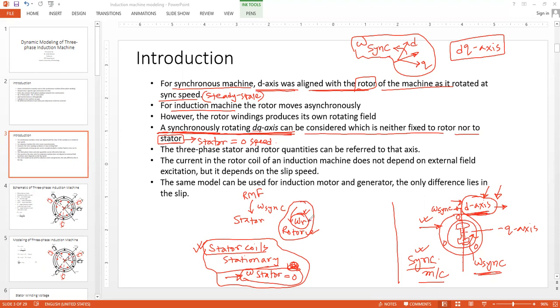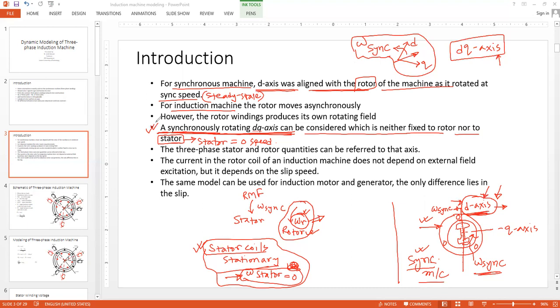In the induction machine, the rotor is running at non-synchronous or asynchronous speed. So if we want to introduce the DQ axis rotating at synchronous speed, we have to introduce a new set of axes. We can align it neither along the rotor nor along the stator. So that is the conclusion.